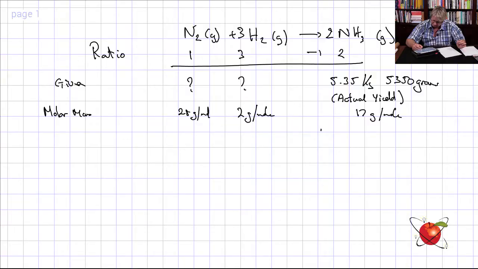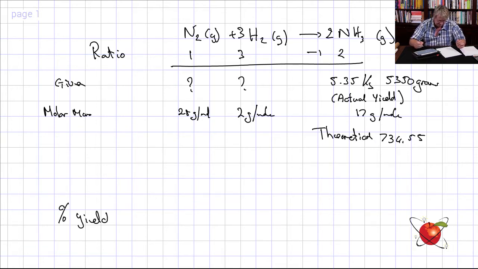All right, so now remember that what we've got is the actual yield, right? Now therefore, let's work out what the theoretical yield would be. Theoretical yield, okay, over here is going to be equal to 7430.55. Let's just go down here. Percentage yield, okay, is always defined as actual yield over theoretical yield.